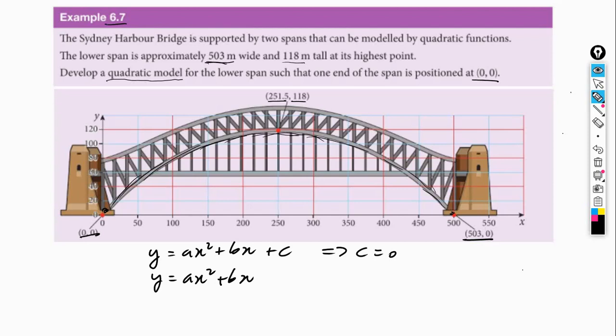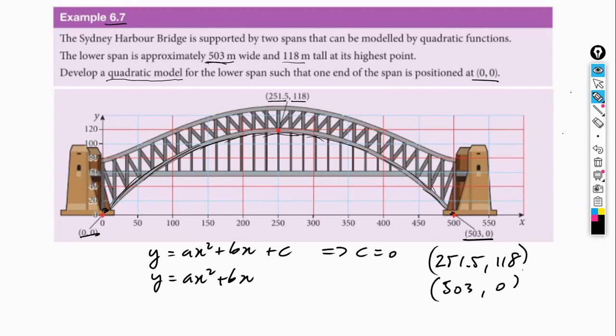For that, we're going to use 2 points. We know that we have the point (251.5, 118), and we also have the point (503, 0). So that means that we could set up two equations and solve a system of equations. What do I mean by that?